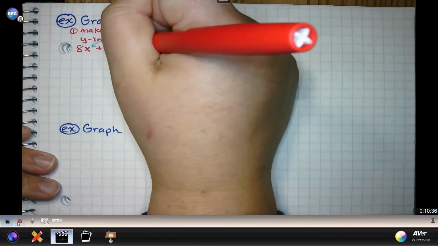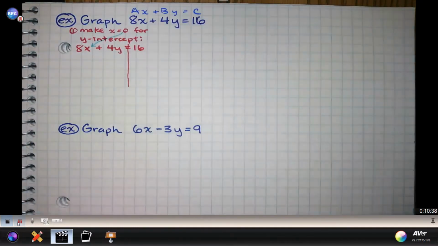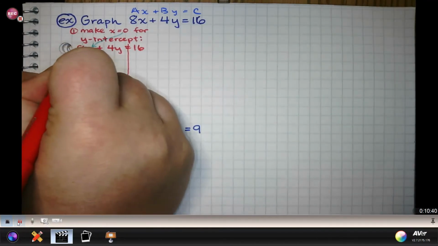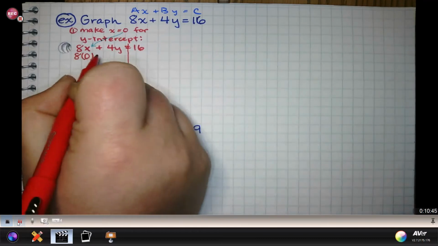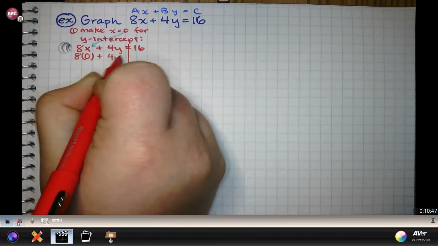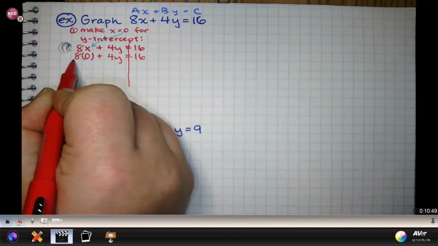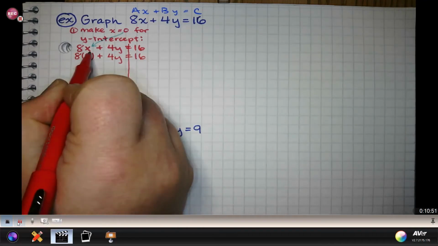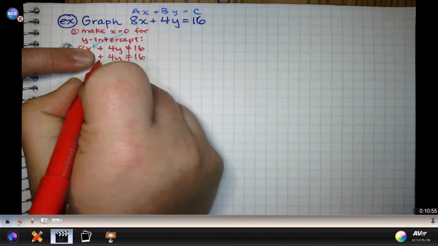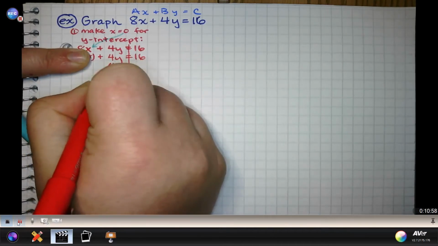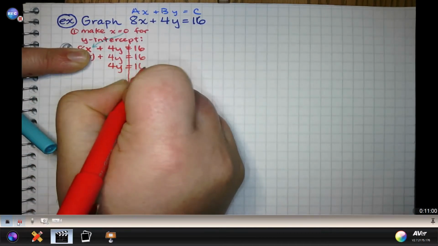So I like to put a line down my equal sign anytime I'm solving for something, but we'll have 8, parenthetical promise, put parentheses around that number that you're putting in, plus 4y equals 16. Well, what is 8 times 0? That's just 0. That's gone. It's no more. Goodbye. And we have plus 4y, which just means positive 4y equals 16.